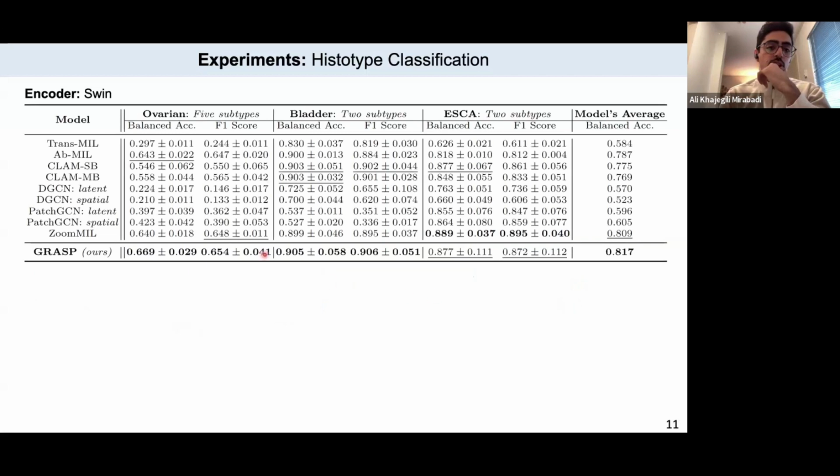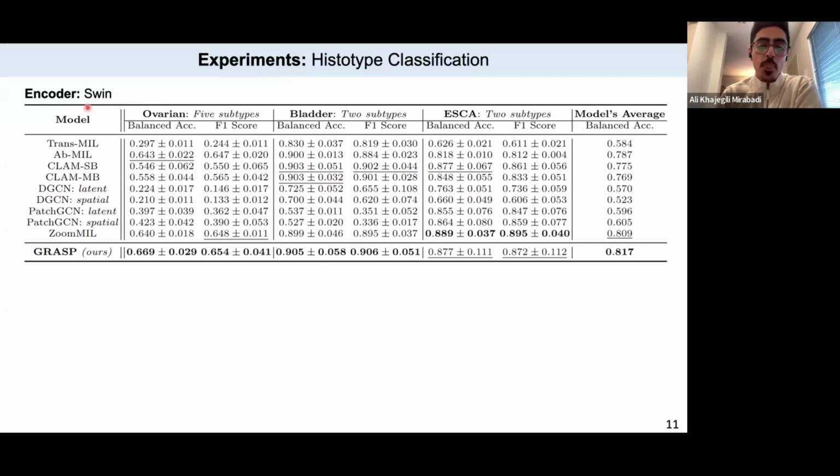And the same thing with the Swin transformer. We used the Swin transformer with ImageNet weights. We didn't use those feature extractors that have been trained on TCGA. The reason is that we wanted to evaluate the model's performance, and if a model has been trained on TCGA, it's going to give you really good features.